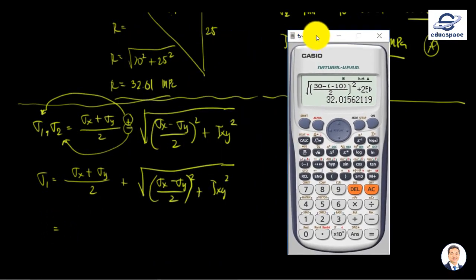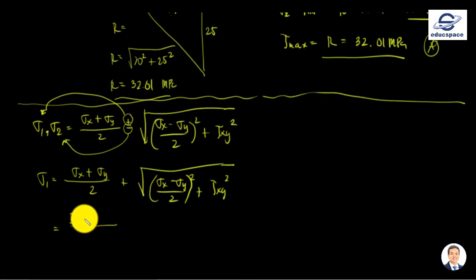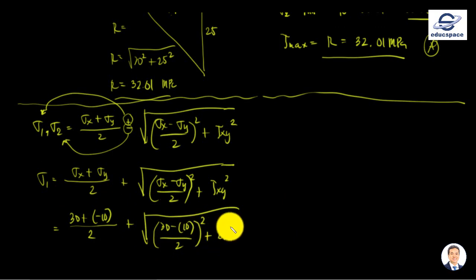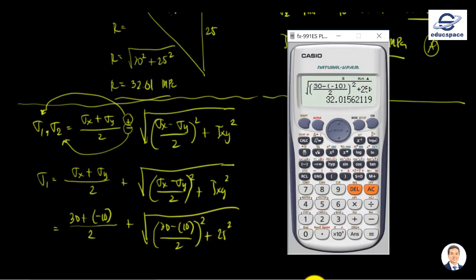So, substitute the values dito. We say that we have 30 plus minus 10 over 2 plus, again, 30 minus 10 over 2 squared plus 25 squared as given.